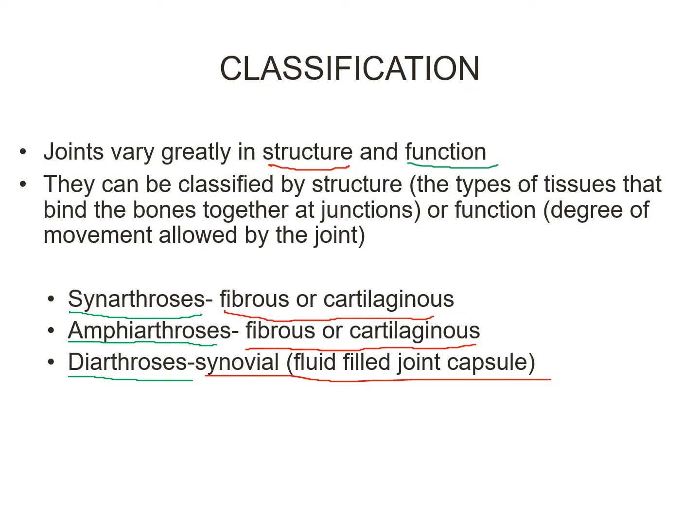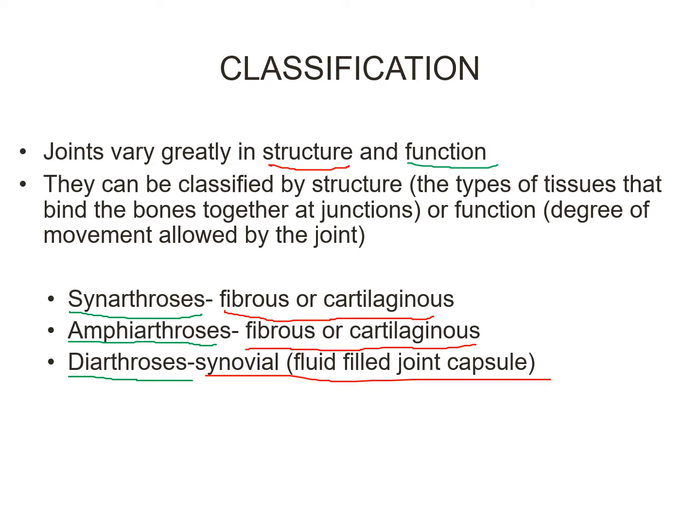So let's dive into these classifications and kind of give you an idea of what we're talking about here. Let's talk about the green ones first. The green ones are the functional classifications. The first type of joint is called a synarthrosis, or if it's plural, you can see it's spelled synarthroses.